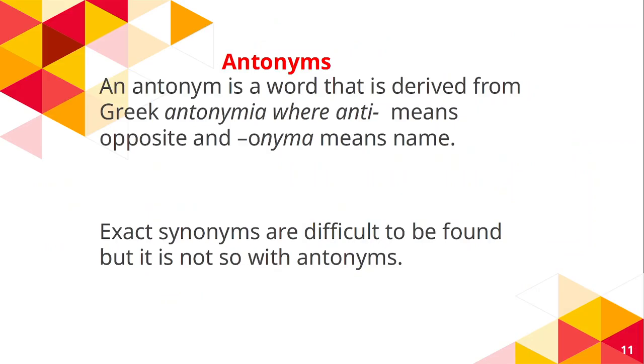Antonyms are the words having the sense of oppositeness, and the word antonym has originated from the Greek antonymia, which is a compound of two words: anti, which means opposite, and onyma, which stands for name.